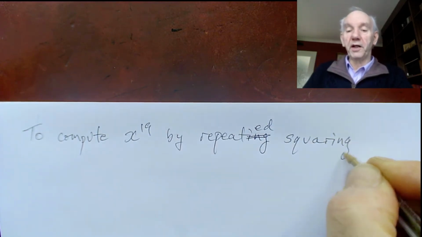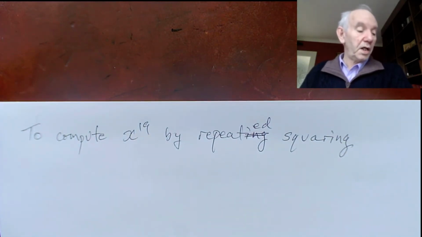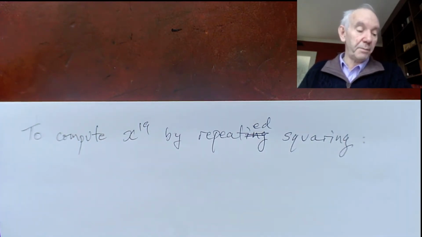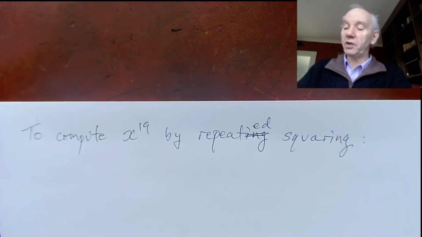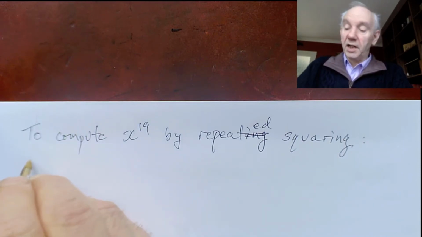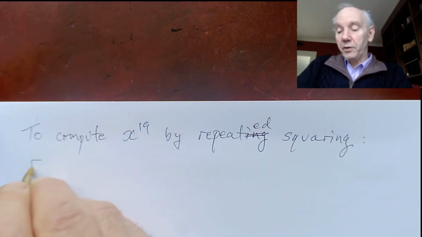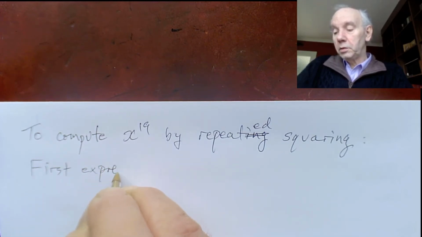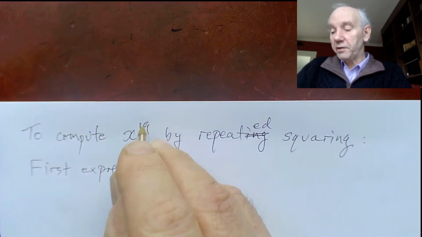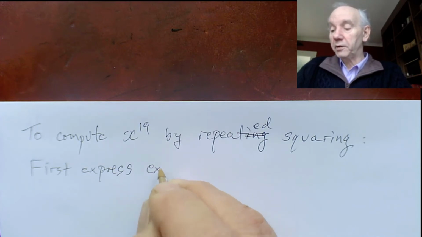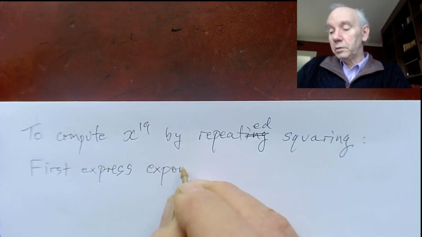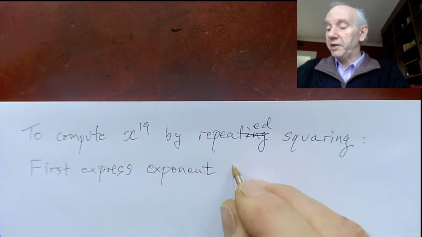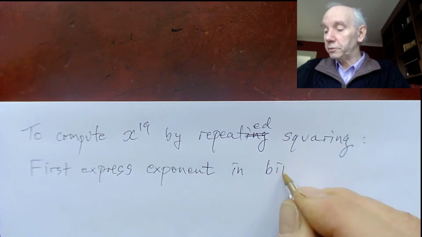And multiplications at times. So we first express 19 in binary. So we first express the exponent, which here is 19, what's called the exponent or the power, in binary, in base 2.